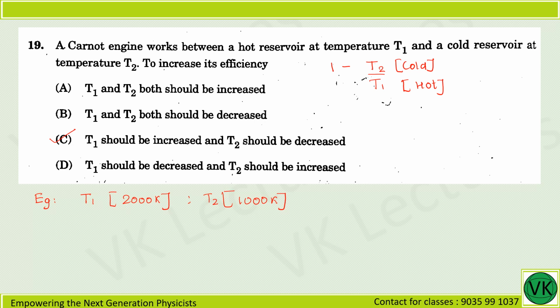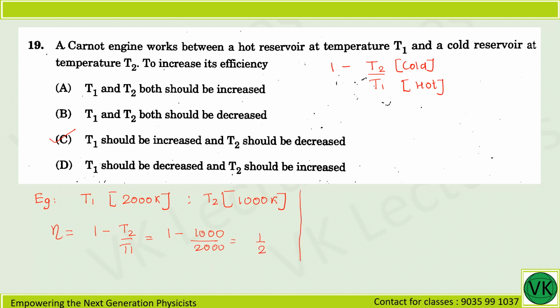So the efficiency is equal to 1 minus T2 by T1, which is 1 minus 1000 divided by 2000, that's equal to 1 by 2.